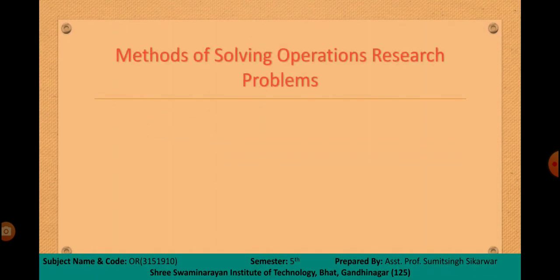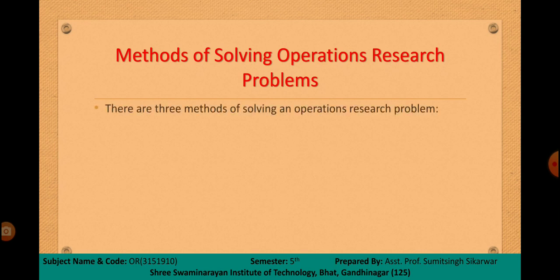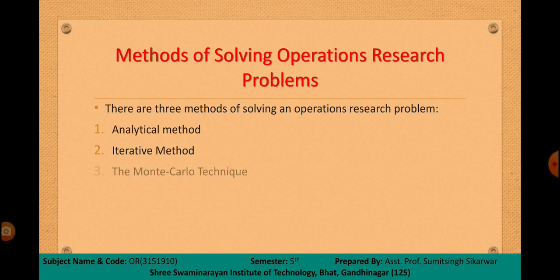Our next topic is methods of solving operation research problems. Basically we have three methods of solving an operation research problem. The first method is the analytical method, the second is the iterative method, and the third is the Monte Carlo method.